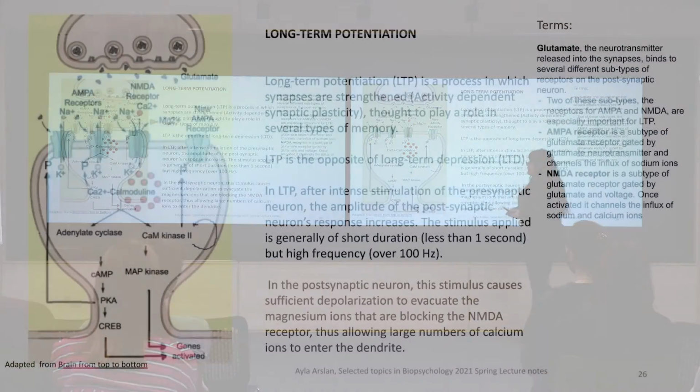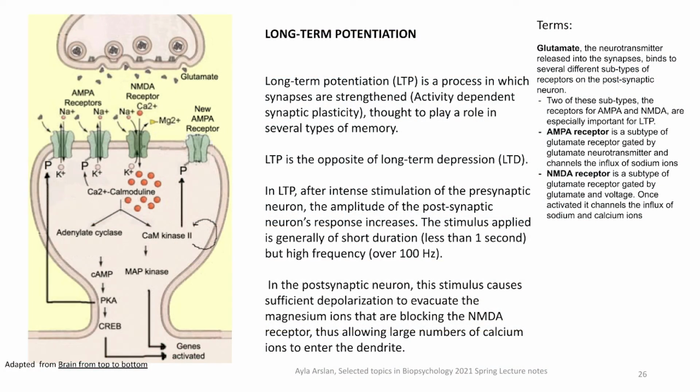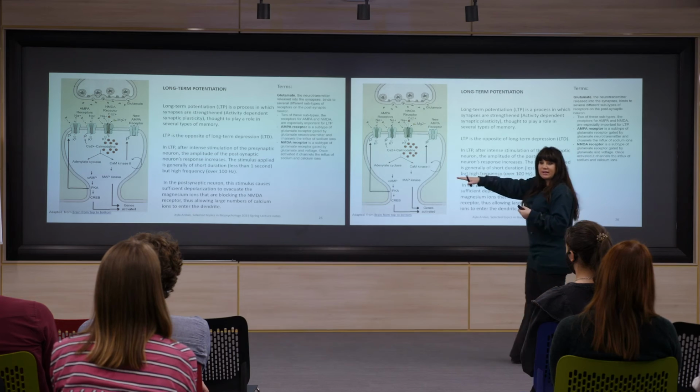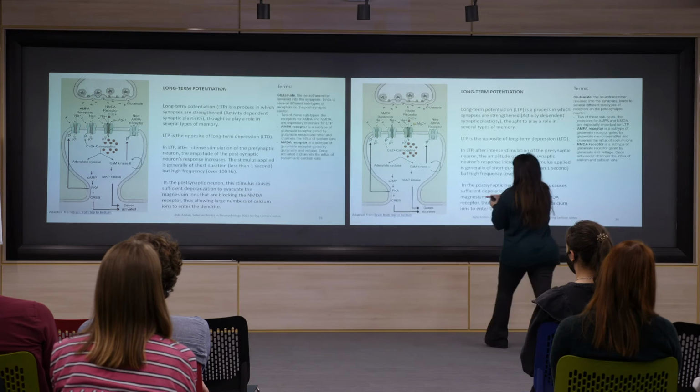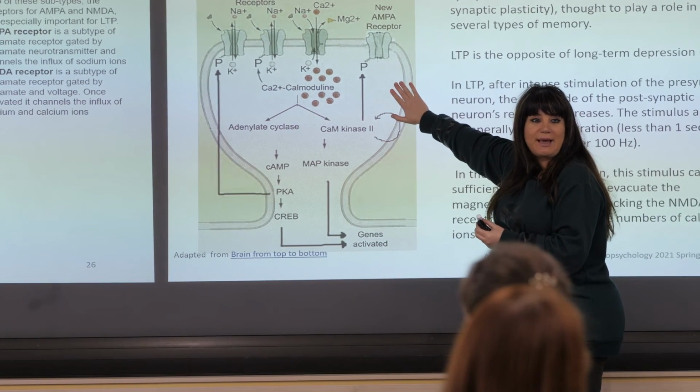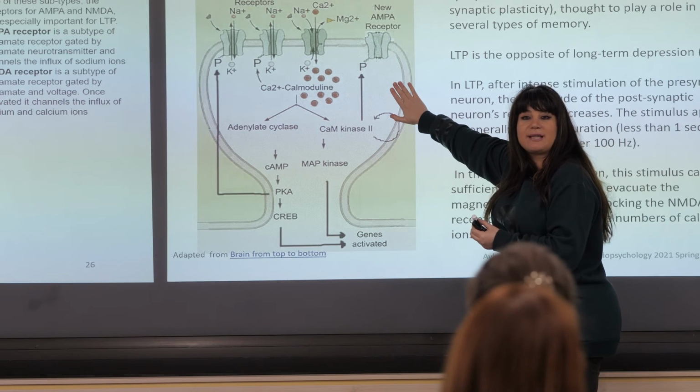Here, in this figure, you can understand that we are at the level of decoding the memory process in terms of molecular cascades. So that phenomenon at the physiological level can be understood at the molecular level. What happens is explained in this slide.